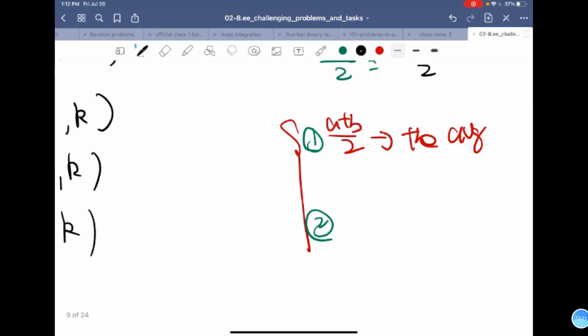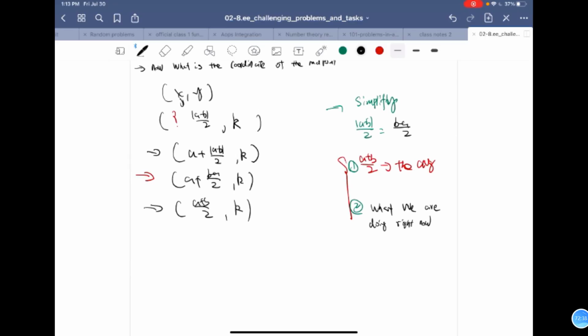Yeah. So that's the second way. What we are doing right now. So right now you have two different approaches to understand this. Any question? No.